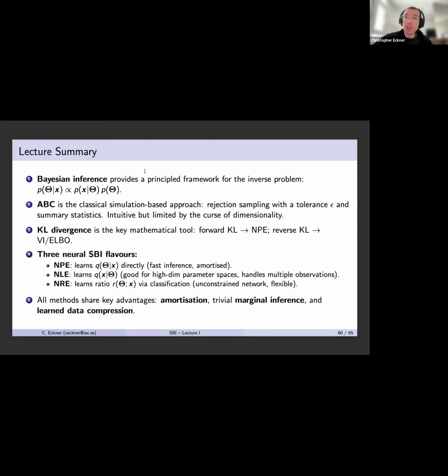Or you learn in neural likelihood estimation directly the likelihood of your data given the parameters, again with normalizing flows. Or you perform neural ratio estimation, which gives you the posterior weighted by the prior, where you only solve a binary classification task, which is easier or not as heavy on the machine learning part as the other two. The key advantage of this neural way of doing Bayesian inference is using amortization, marginal inference, and data compression that can be done in one go while optimizing neural network parameters.